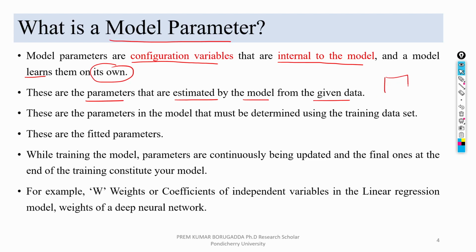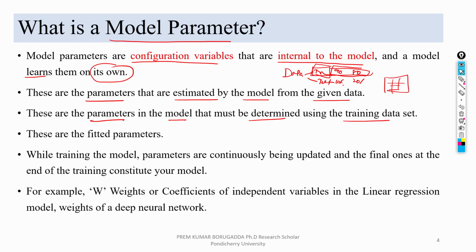These are the parameters in the model that must be determined using the training data set. Basically data can be divided into two types, training data set and test data set. We divide the data like 90% for training and 10% for testing, or 80% for training and 20% for testing.